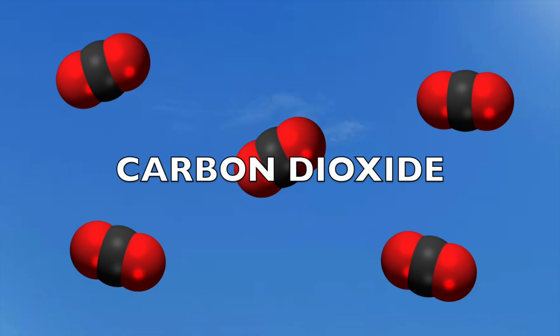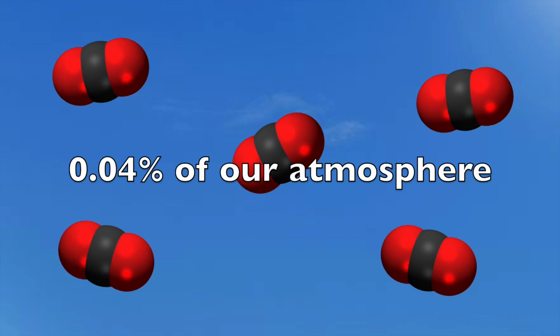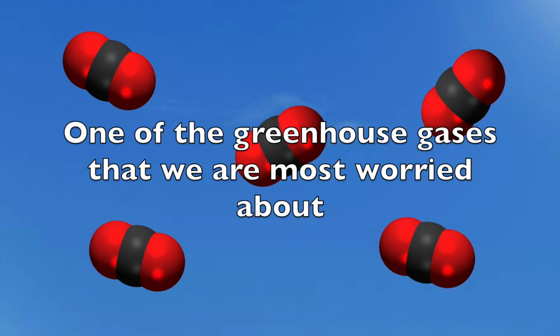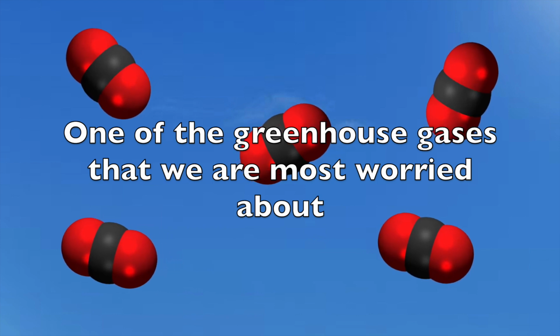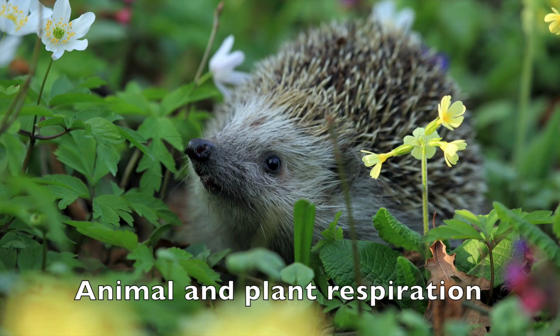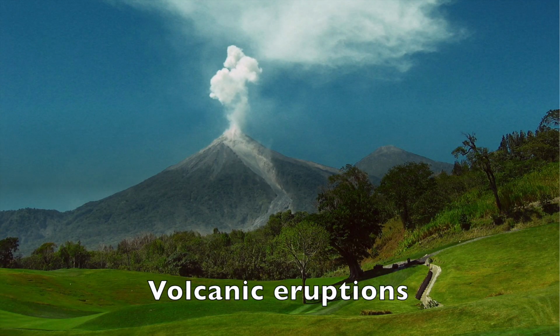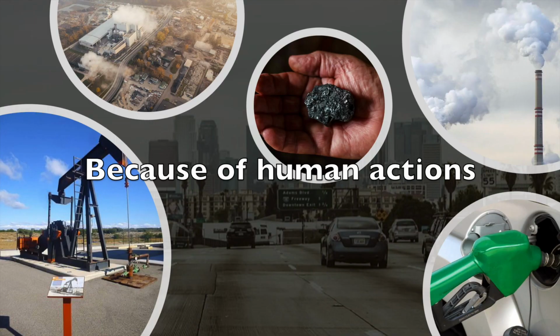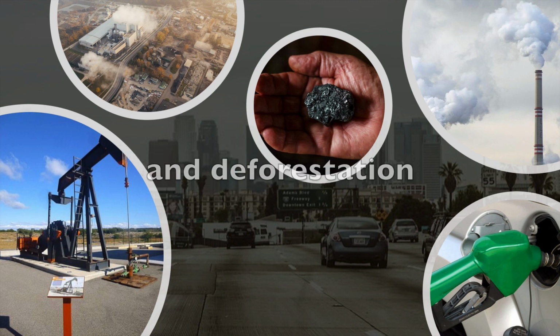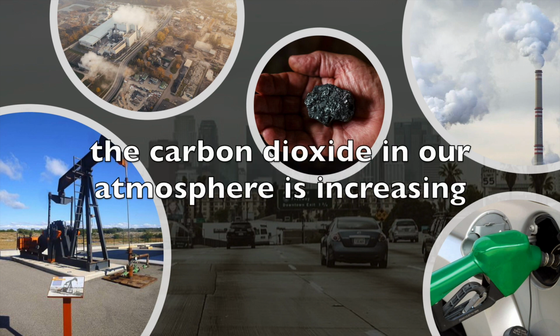Carbon dioxide only makes up about 0.04% of our atmosphere, but it's one of the greenhouse gases that we're most worried about. Carbon dioxide is released through many natural processes, such as animal and plant respiration and volcanic eruptions. However, because of human actions, such as the burning of fossil fuels and deforestation, the carbon dioxide in our atmosphere is increasing.